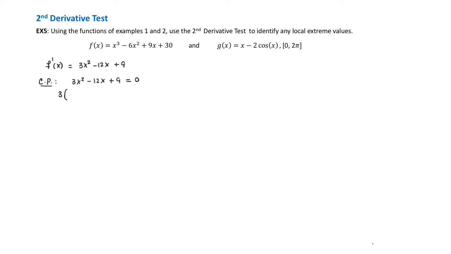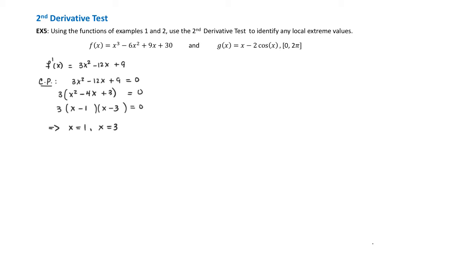I'm going to factor a 3 out. That's going to give us x squared minus 4x plus 3 equals 0. And then the quadratic should be factorable. That's going to be x minus 1, x minus 3. So we end up getting that x equals 1 and x equals 3 are the solutions of this equation.